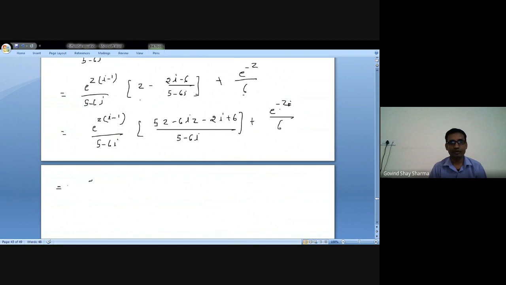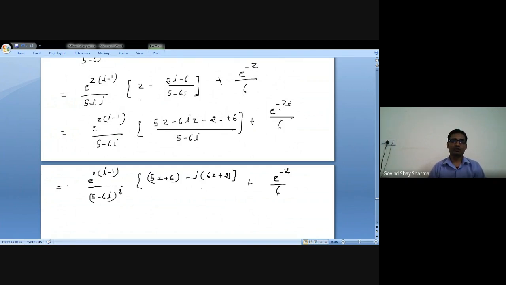So we write e to z i minus 1 as it is, 5 minus 6i whole square. Here 5z plus 6 is inside and i, 6z, plus e to power, this.